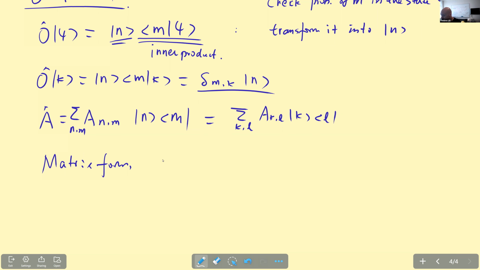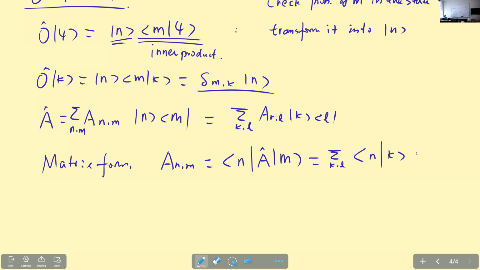And let's look at the matrix form. So look at the A_mm. That, of course, equals ⟨ψ_m|A|ψ_m⟩, which equals the summation over k, l of ⟨ψ_m|k⟩⟨k|A|l⟩⟨l|ψ_m⟩. Now you have two inner products. So this is the inner product.